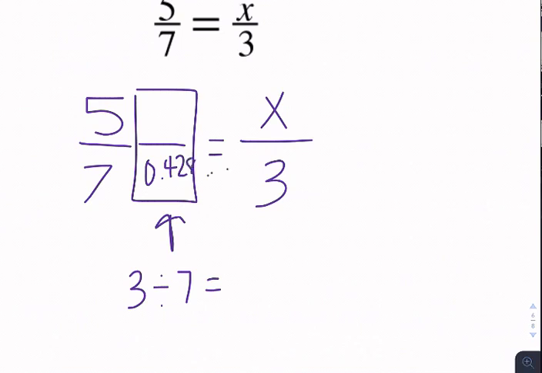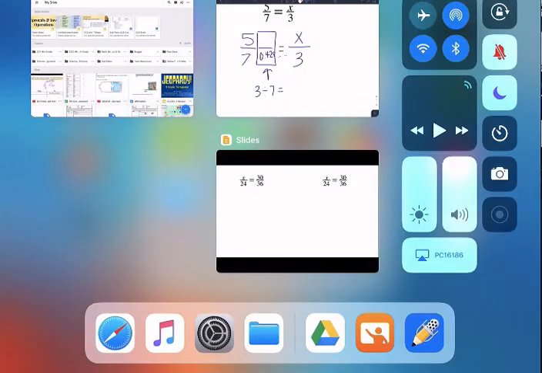When you are doing this, if you have access to a calculator, you are going to want to make sure you do not round this number. So when I am typing this into my calculator, let me get a calculator pulled up here.